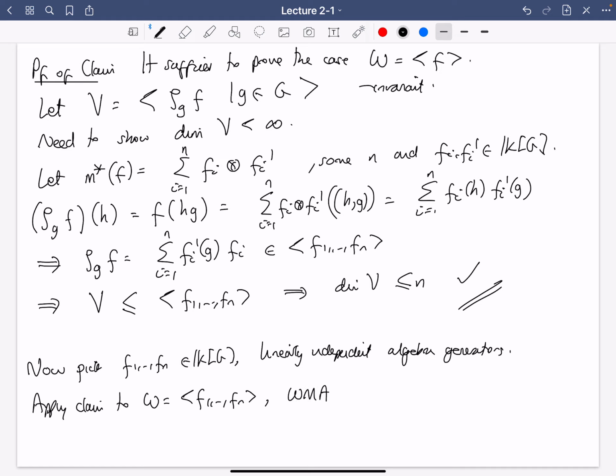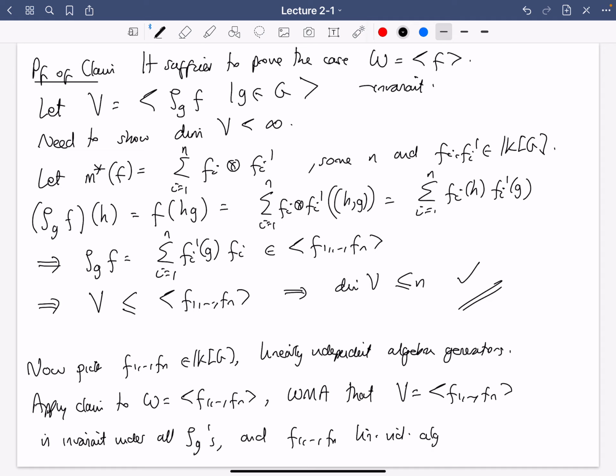So applying that claim to this W, you make a little reduction. You may assume that V, the span of f1 up to fn, is invariant under all rho g's, and that these f1 up to fn are linearly independent algebra generators for our coordinate algebra.